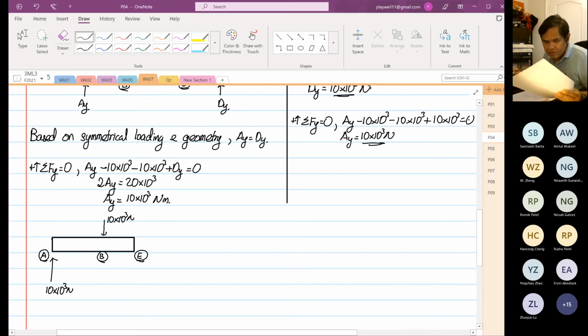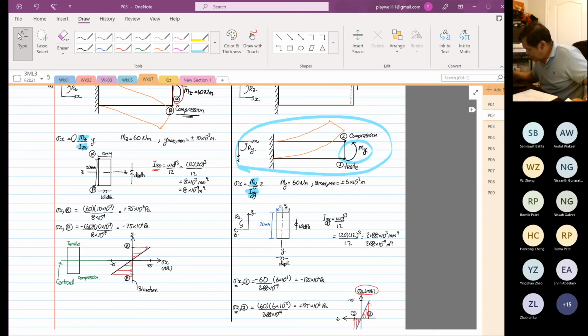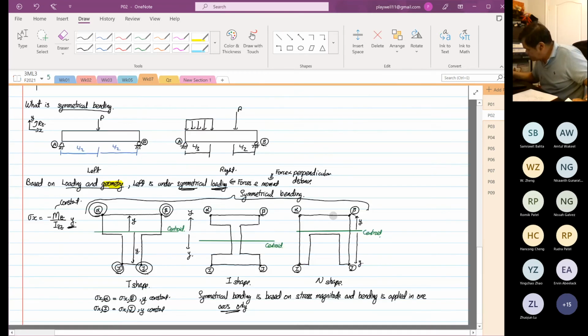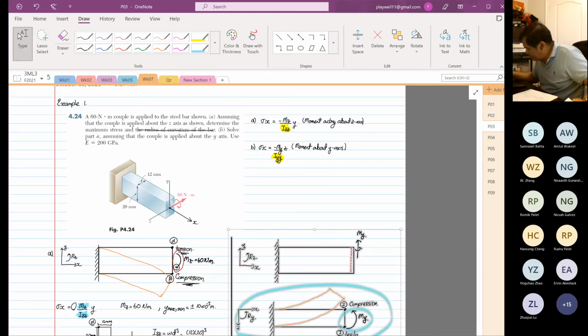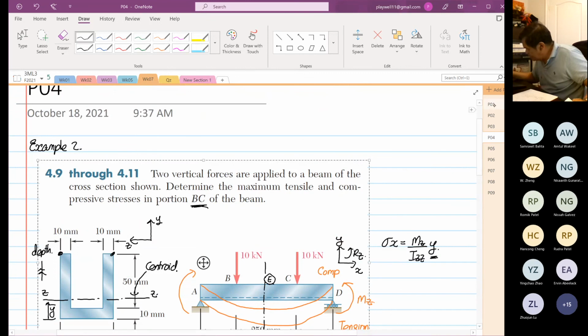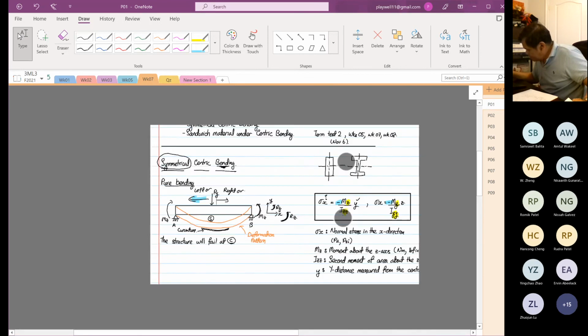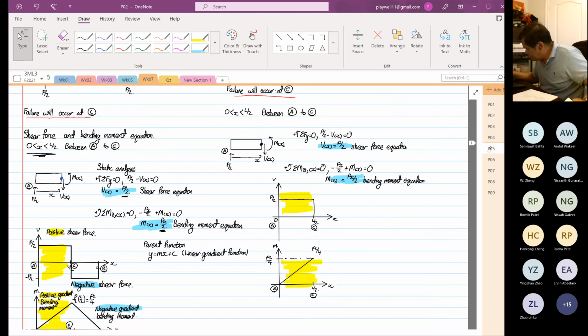And then we know that our moment, we're going to assume which direction, hold on, I forgot anti-clockwise. I can't remember now. Sorry, yeah, it's anti-clockwise, okay.